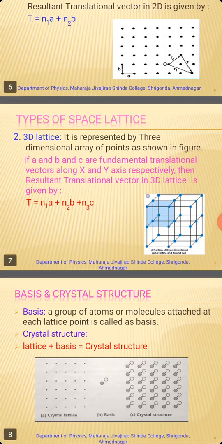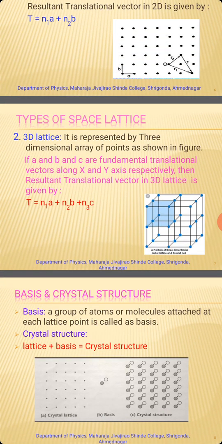In case of a three-dimensional lattice, we will have three translational vectors represented by A, B, and C, and n1, n2, and n3 are the integers. We will get a three-dimensional lattice by repeating n1 times A along the x-axis, n2 times B along the y-axis, and n3 times C along the z-axis.